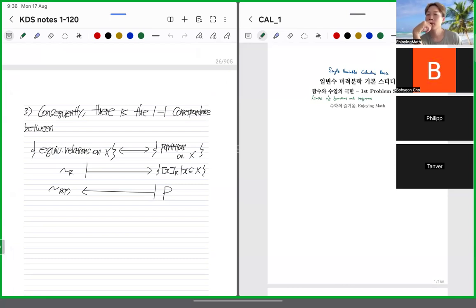Do we have to prove this? No, I think we get this from the previous two. And so precisely, the equivalence relations are the same as the set of the equivalence classes of X.